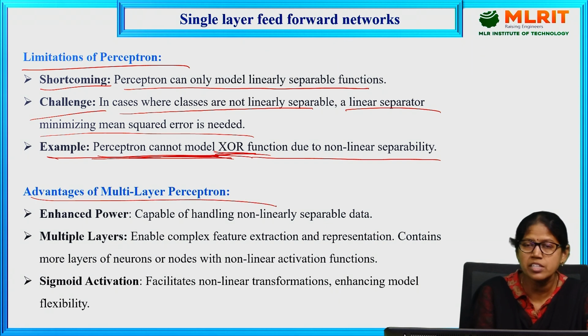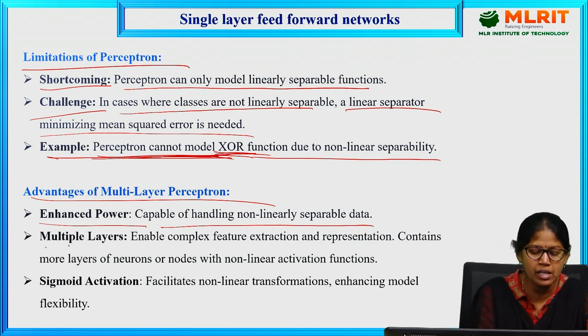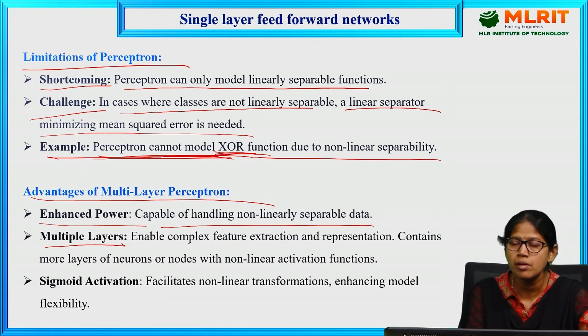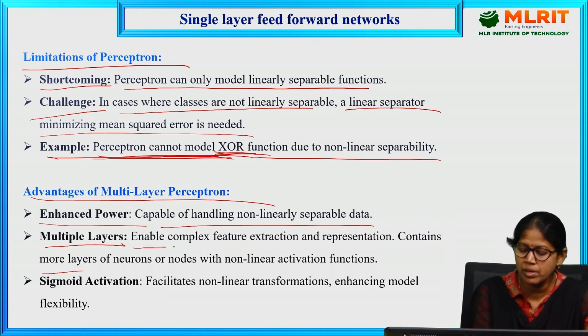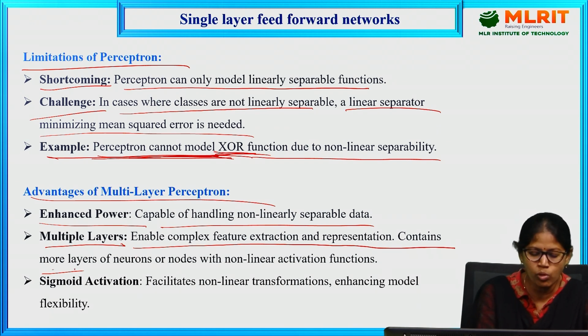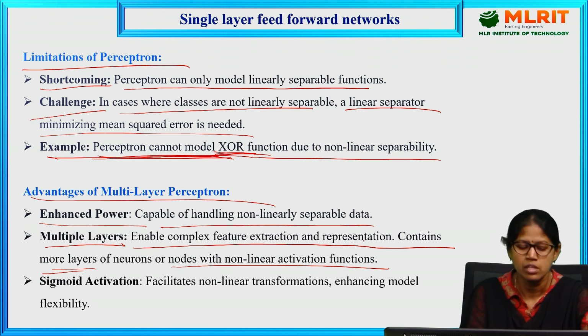Let's see the advantages of multi-layer feed-forward network. Here, enhanced power, capable of handling non-linearly separable data, and it will have multiple layers: an input layer, two or more hidden layers and one output layer. It enables complex feature extraction and representation, and contains more layers of neurons, nodes with nonlinear activation functions.